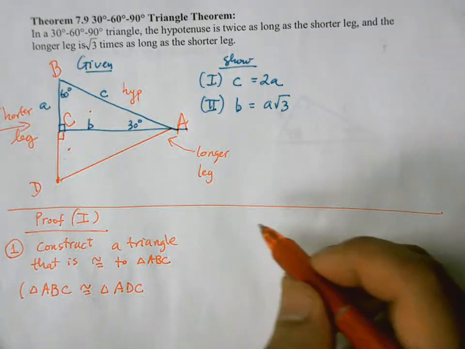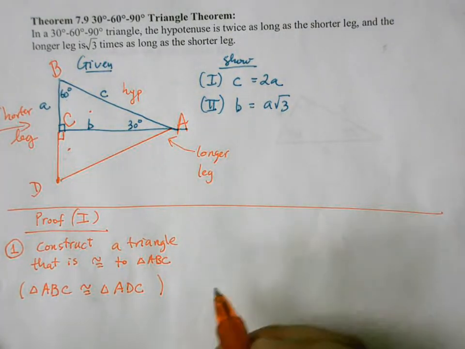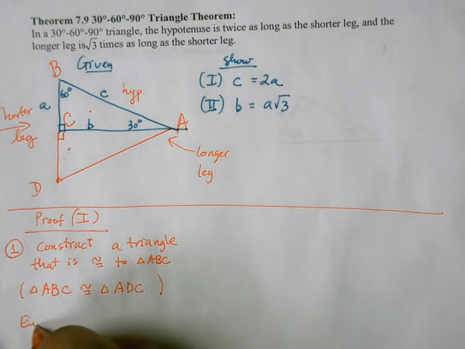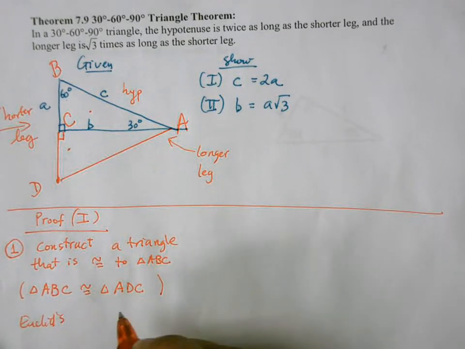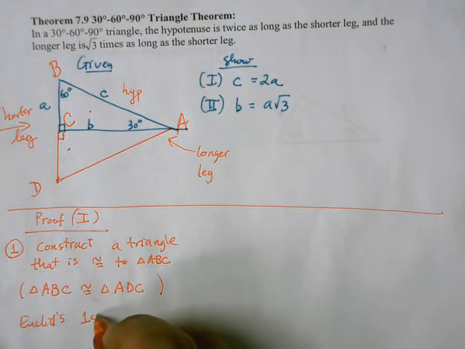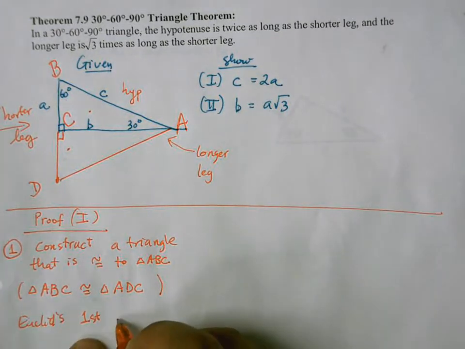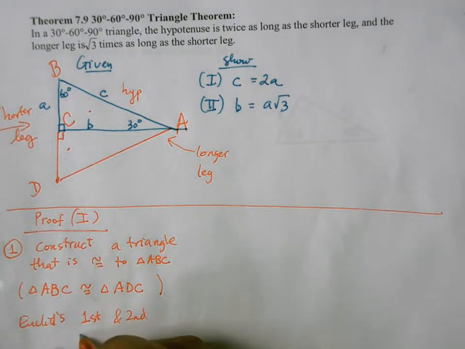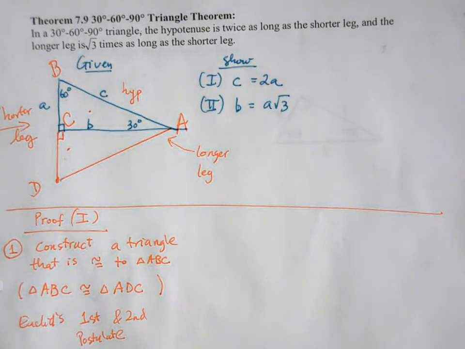Really, that's the most important step. The reason we're able to do this is Euclid's first and second postulate, or what's also called the ruler postulate.